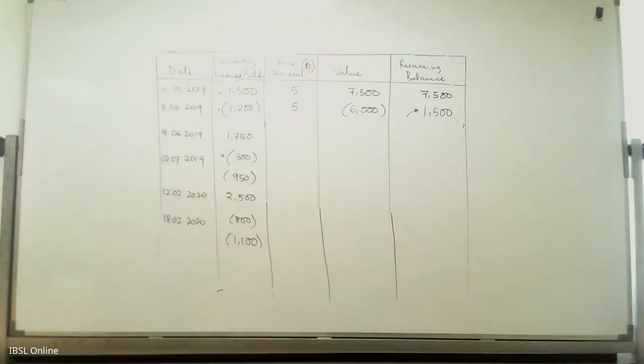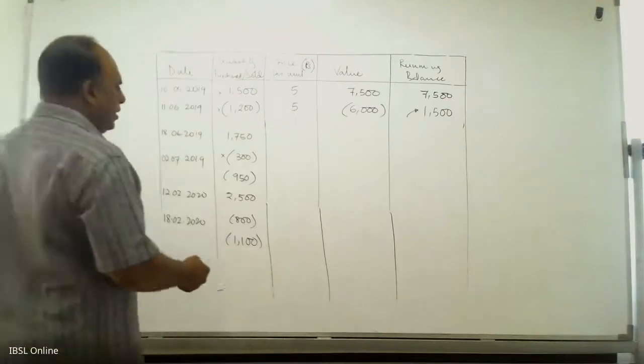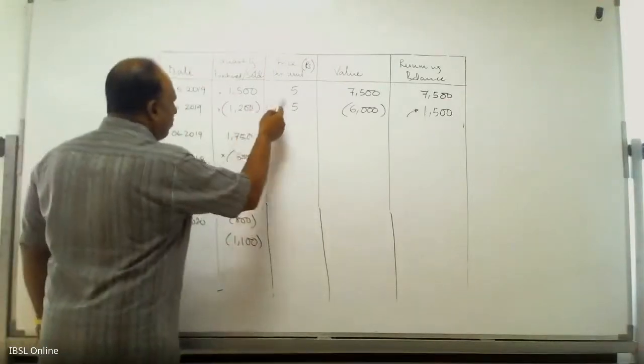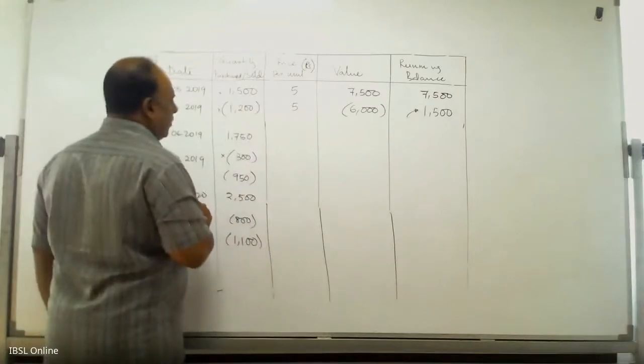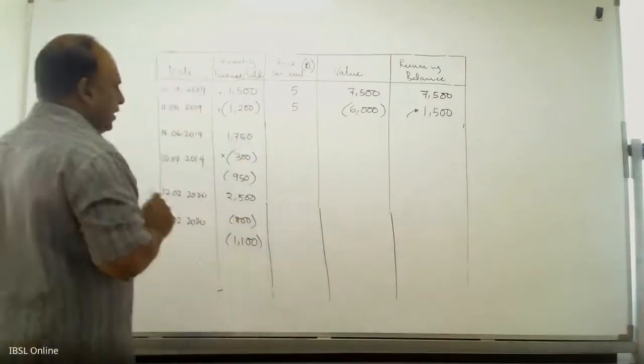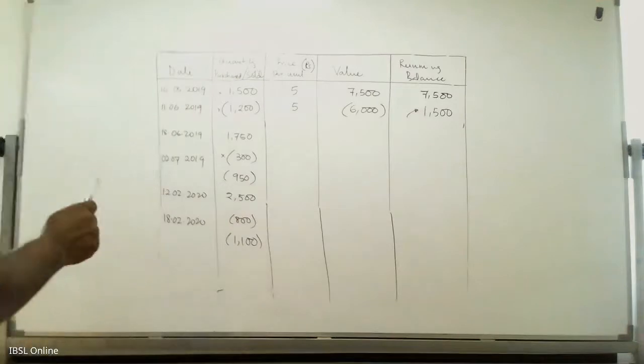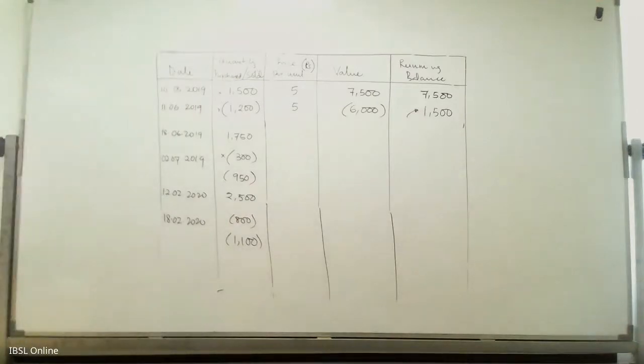an average price. Now here what did we do under FIFO method? Whatever the price that you have purchased, we have dispatched it at the same price. But here it is not the case. Every time when you are issuing goods, you have to calculate an average price.